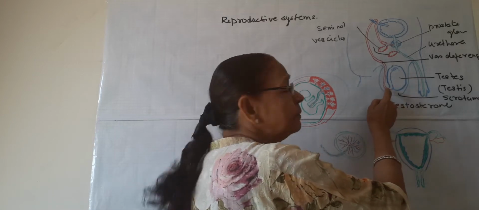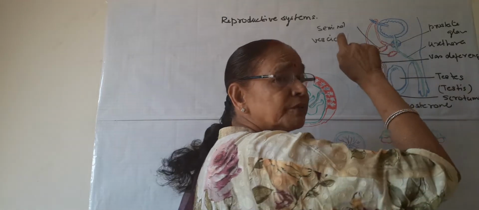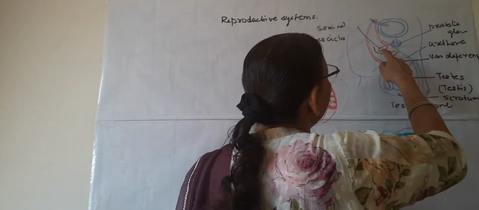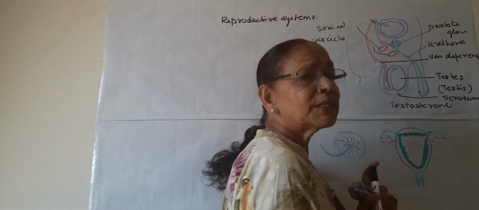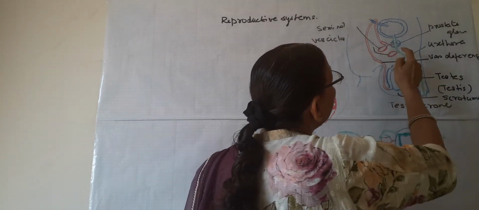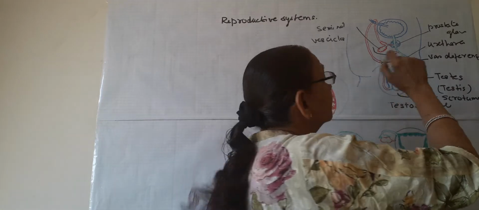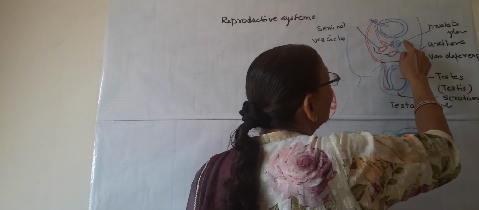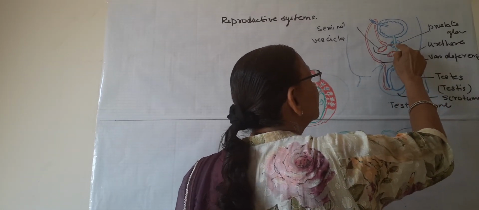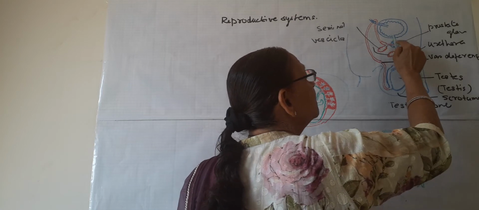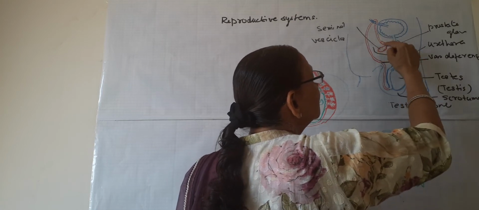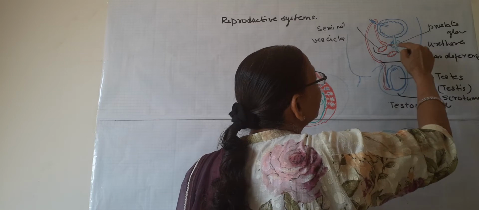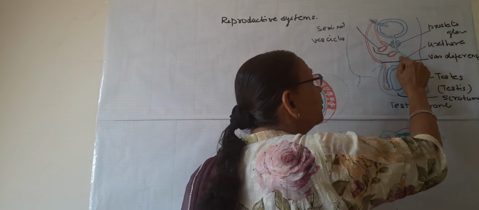When the sperms are traveling through this vas deferens, what happens? Some secretion from seminal vesicles is poured in the duct, and some secretion from prostate gland is also poured in this tube, and later this vas deferens connects with the urethra.